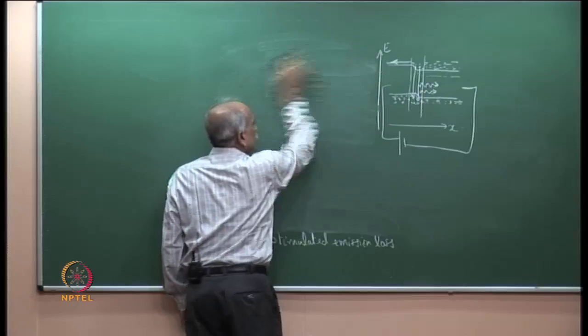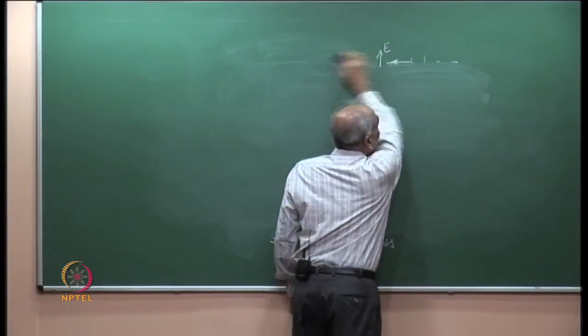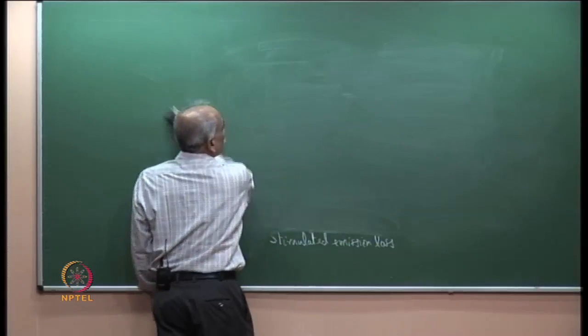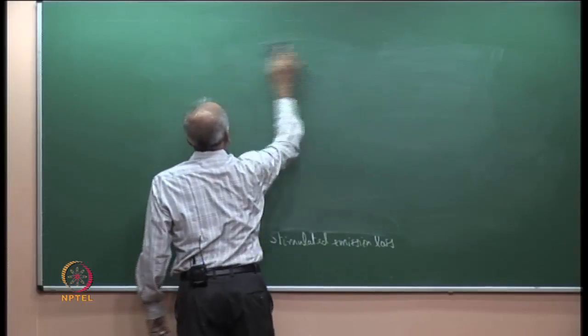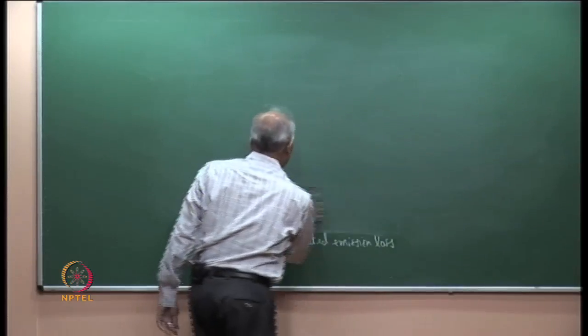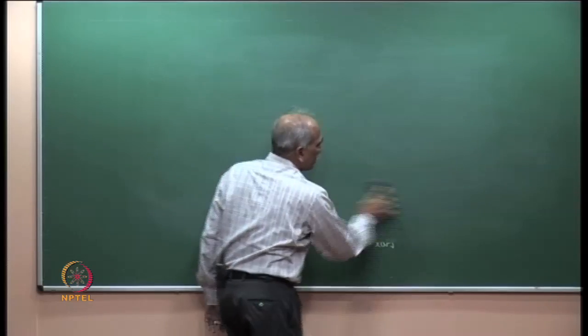So let me erase this. Recall the device structures of surface emitting LED and edge emitting LED. In edge emitting LED, you have a channel where optical confinement is taking place.